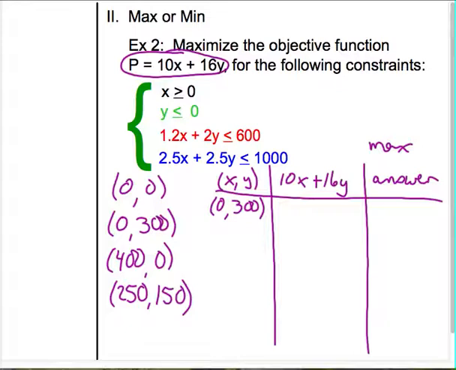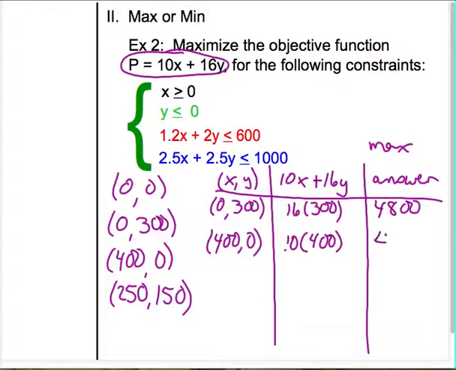Substituting that into our function, 10 times 0 obviously is 0, so we'll do 16 times 300, which is 4,800. And then we've got our second ordered pair, 400, 0. Similar, we really just got 10 times 400, which gives us 4,000. And then our last one, 250, 150.